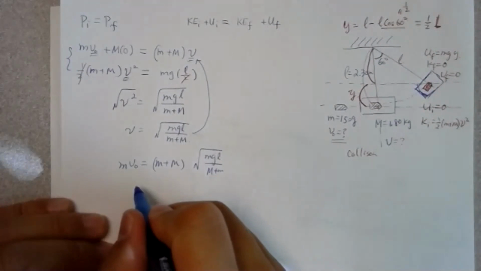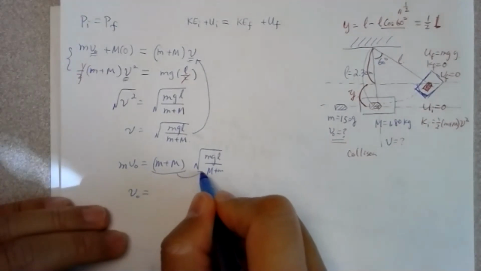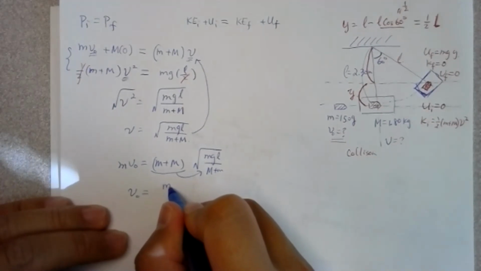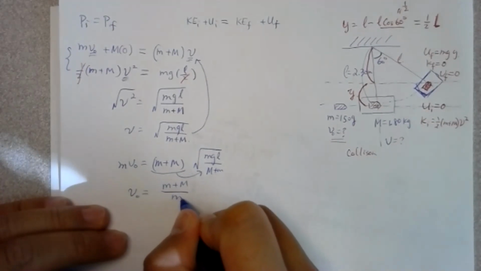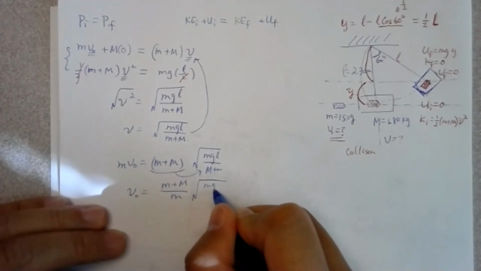All right, so then V0 equals, you can take this one into the square root. Let's do small m plus capital M divided by M first. Divide both sides by M, and then the square root of MGL.